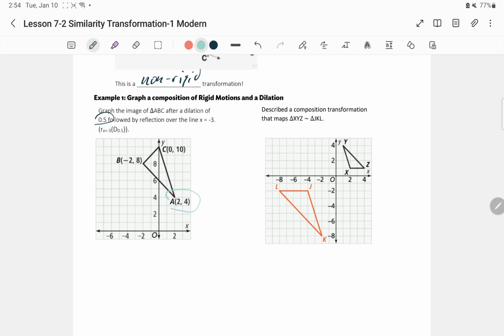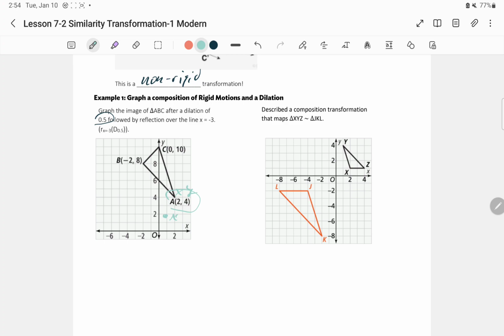With that being the case, I'll go straight to the coordinates, and I'll look at coordinate A. I see that its coordinates are 2, 4, so I just want to divide them by 2, or take half of those numbers. So my x of 2 becomes a 1, and my y of 4 becomes a 2. So my new point will be at 1, 2. That'll be a little A prime there. If I go over to B, I'm at -2, 8.